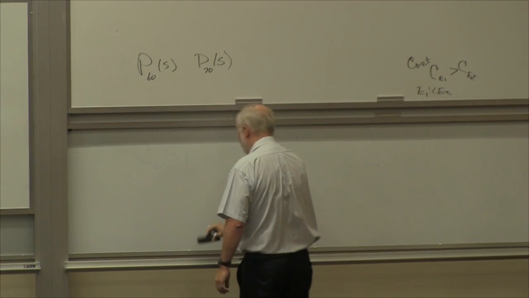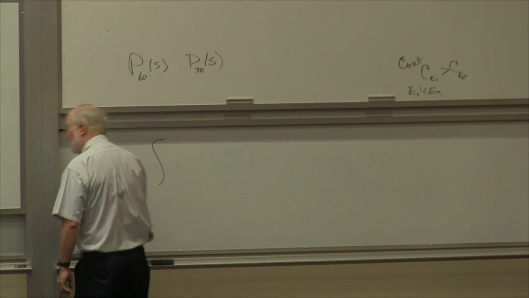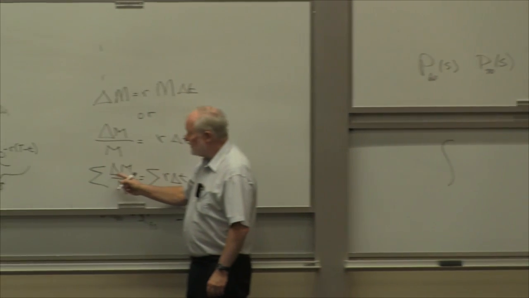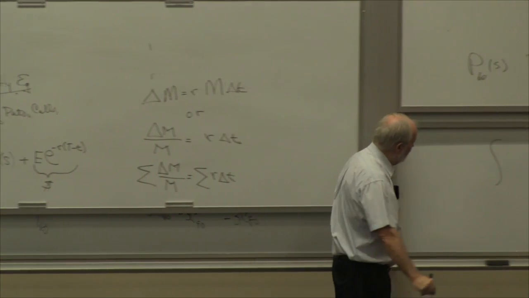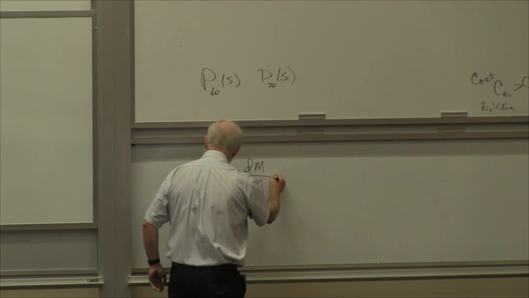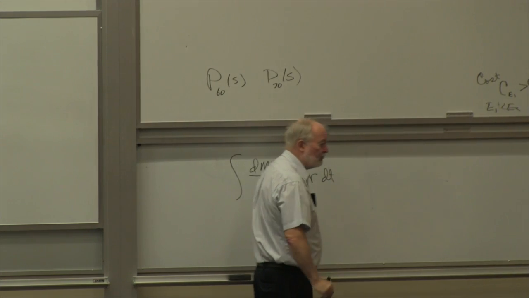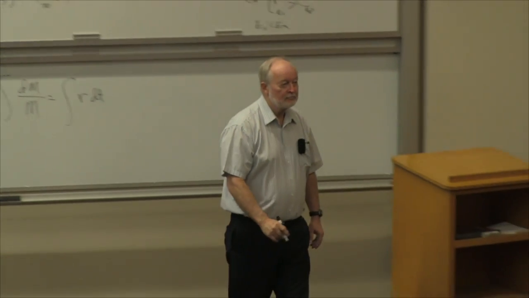And what we end up with then is the problem of the integral. That smooths out this S, it smooths out that D. The integral of d money over money is equal to the integral over r dt. Okay? And so now all you do is you substitute information you have and where you need to substitute it in, play games, and away you're done.